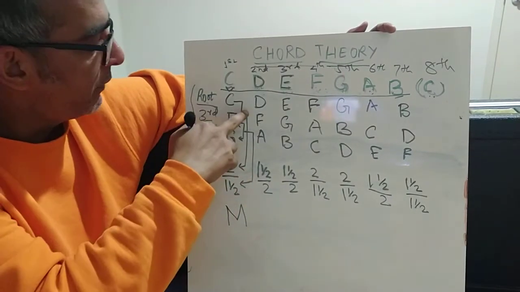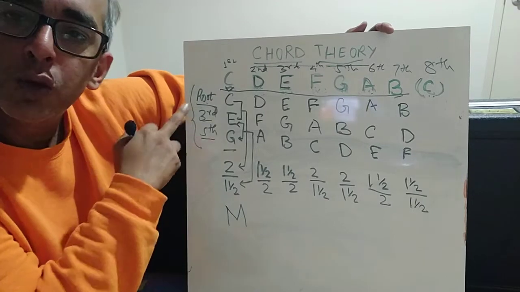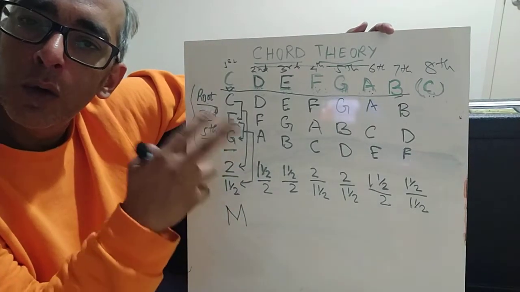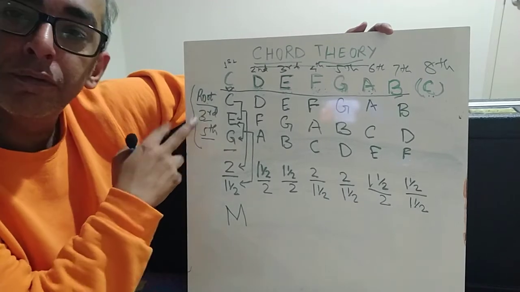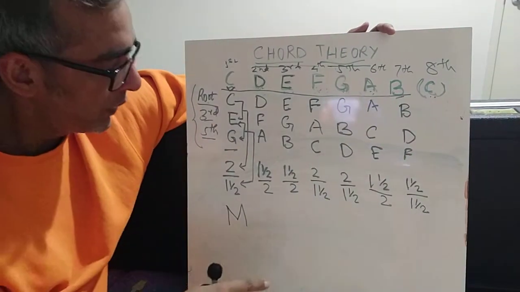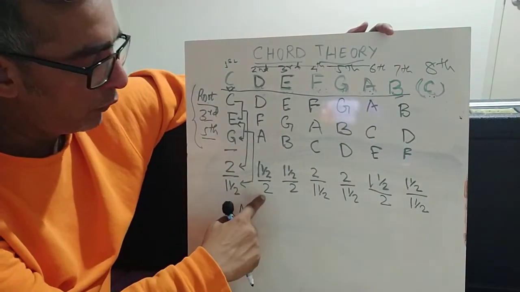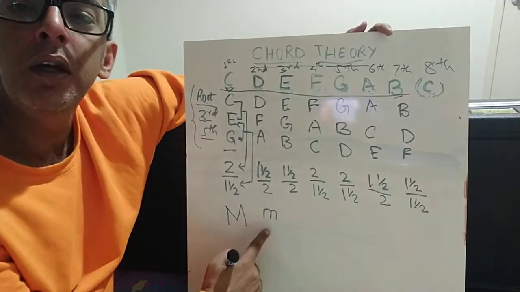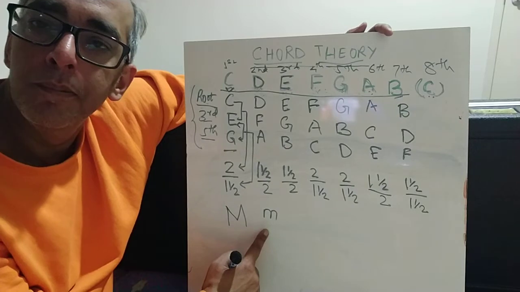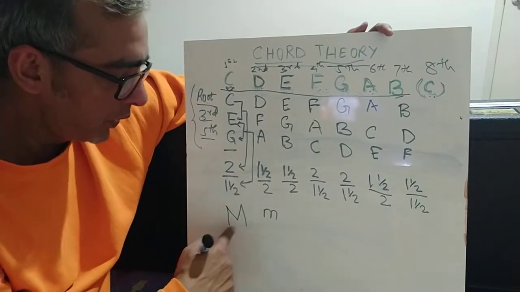Whenever the distance between my root and the third is 1.5, 1 whole step and 1 half step, and between the third and the fifth it is 2 whole steps, which is 1.5 over 2, it is a minor chord, which I will denote as small m. Major, minor.